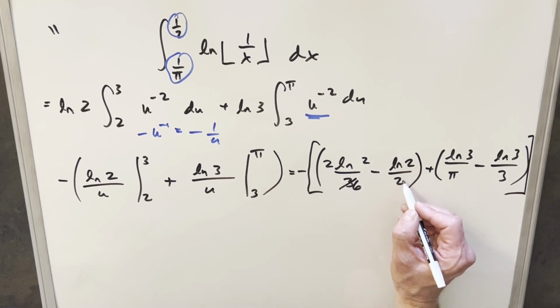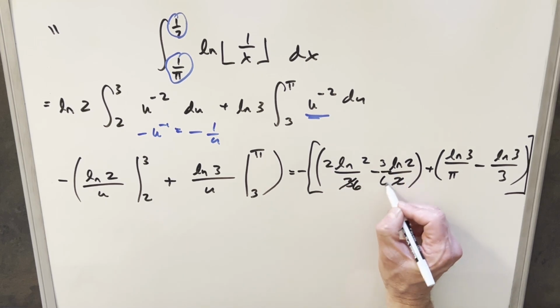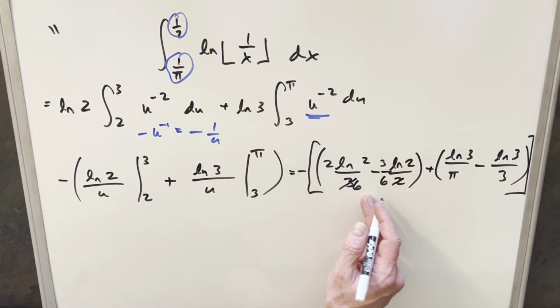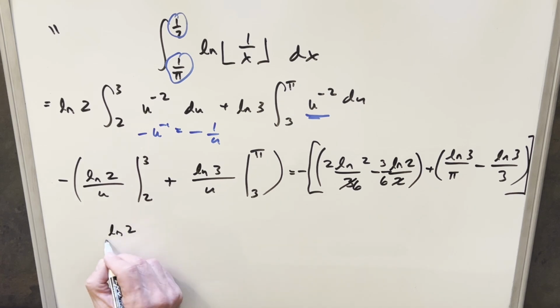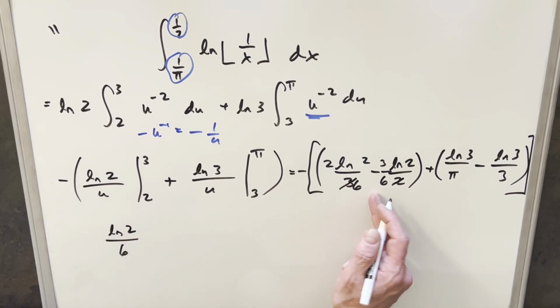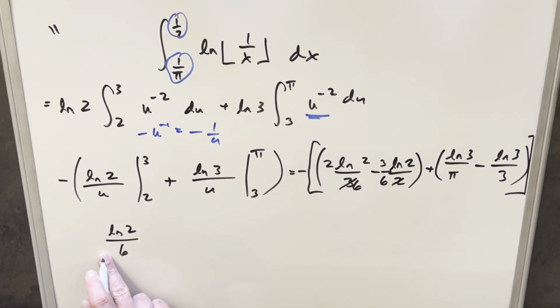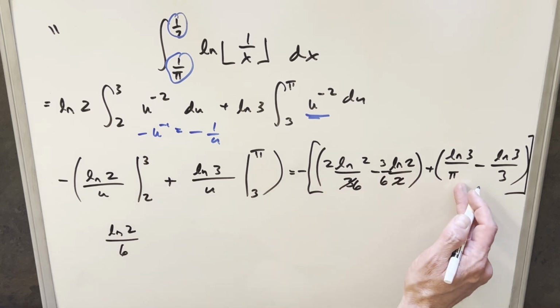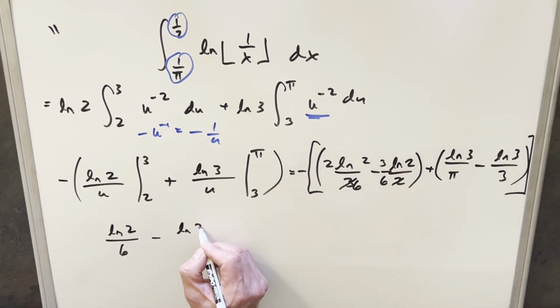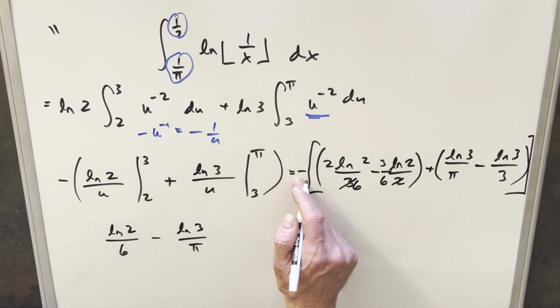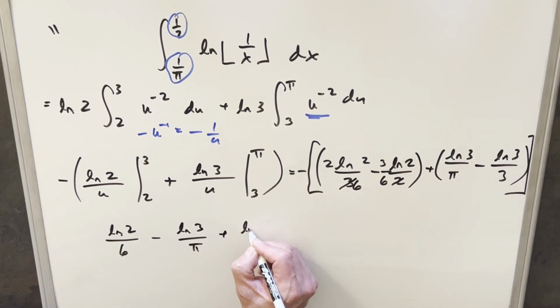So I can write this as 2 over 6, and I can write this as 3 over 6. Then putting these terms together, we're going to have natural log 2 over 6. And we'll have a minus sign in front, but we have minus times minus, so this is just going to be positive ln 2 over 6. And then here I'll distribute the minus sign into this first term, so minus ln 3 over pi, and then minus times minus here is plus ln 3 over 3.